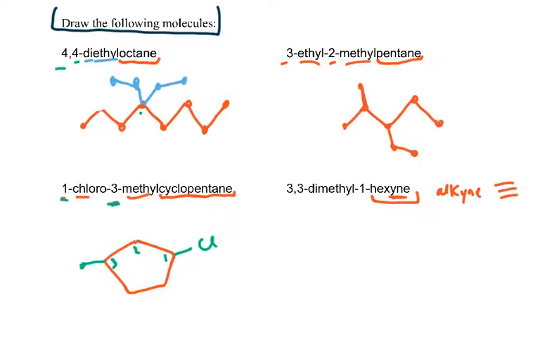So hex is 6. So we've got 1, 2, 3, 4, 5, 6. All right. And that triple bond, it's telling us, is at carbon 1. So we'll make this first one where our triple bond is. We make it 3 lines instead of 1 line.